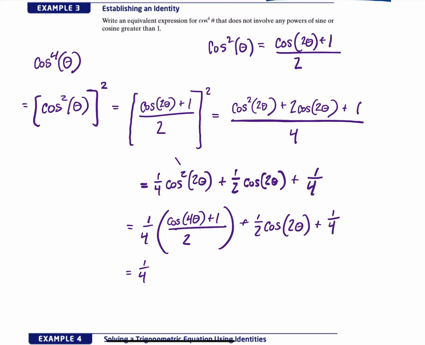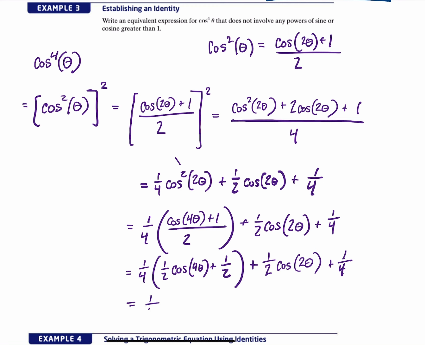So I can make this 1 over 4 times, write that as 1/2 cosine 4 theta plus 1/2, plus everything else here. Let's distribute that 1 over 4 through. So this will become 1 over 8 cosine 4 theta plus 1 over 8 plus 1/2 cosine 2 theta plus 1/4.